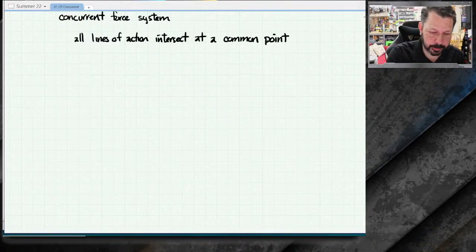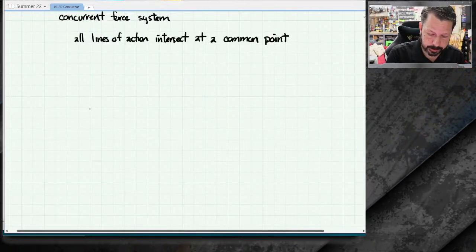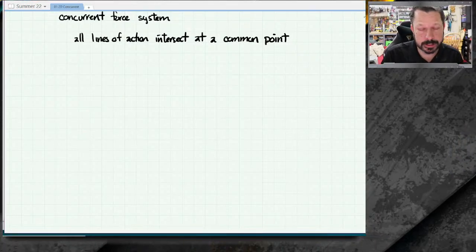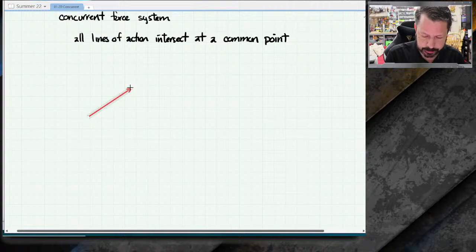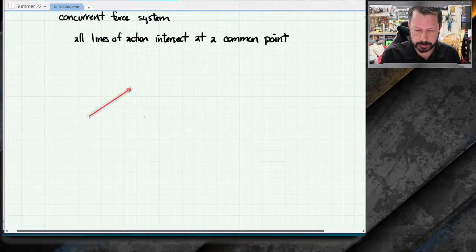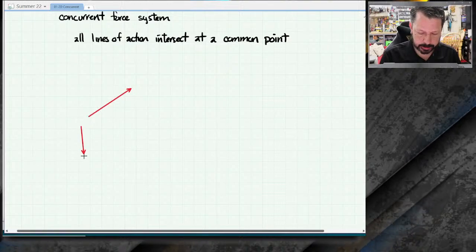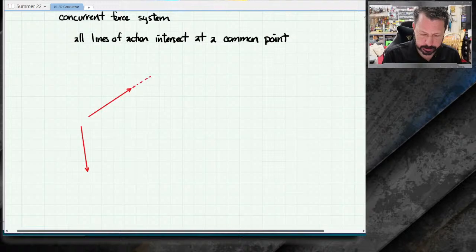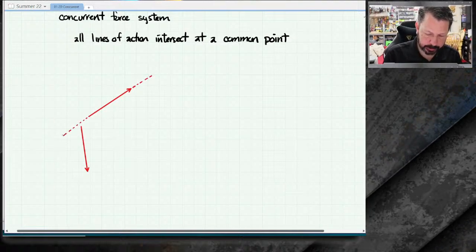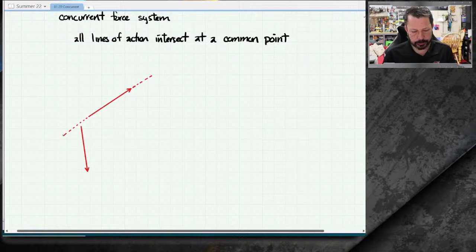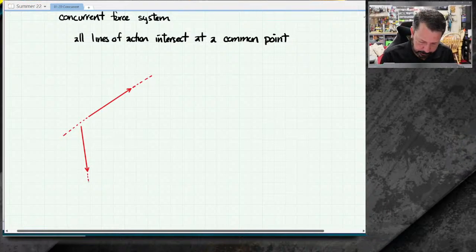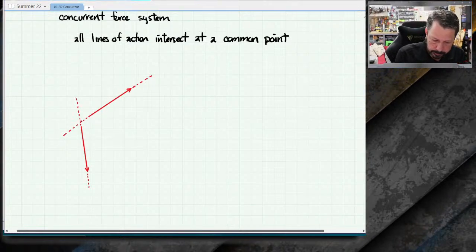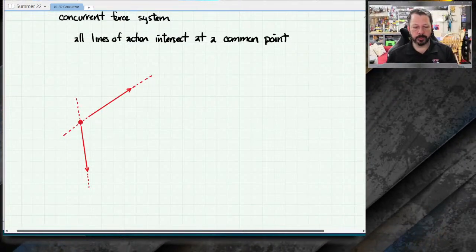Let's do a couple of examples of what this might look like. I'm not going to draw the coordinate system right now, I'm just going to draw the vectors. So there's a vector, and let's put another one right here. They both have lines of action. Here's that first vector's line of action, and the second vector's line of action. And here's that intersection point.